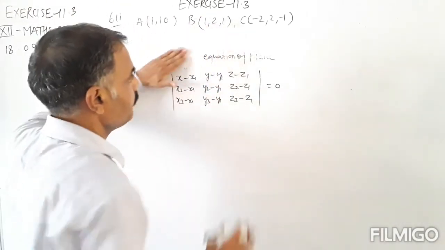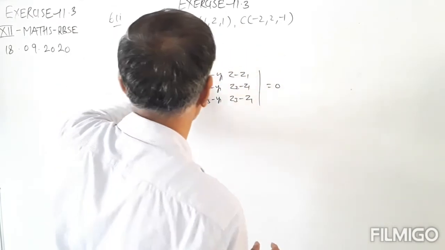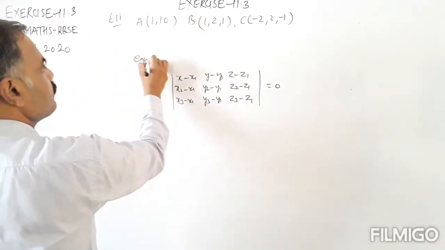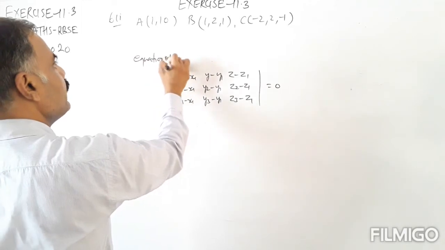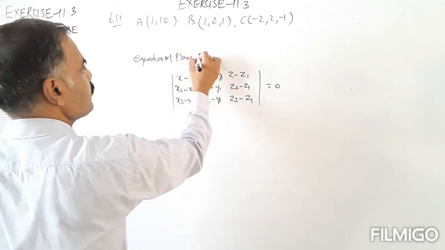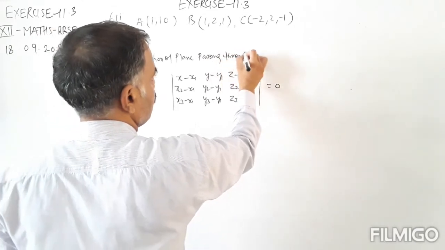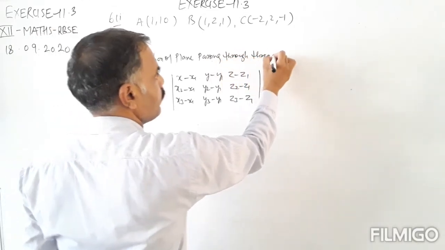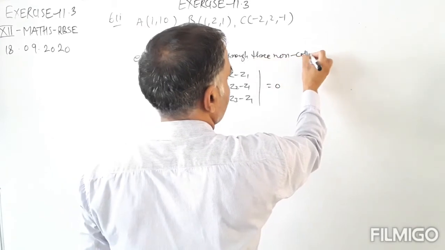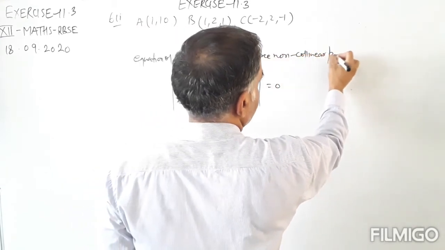So equation of plane passing through 3 non-collinear points.